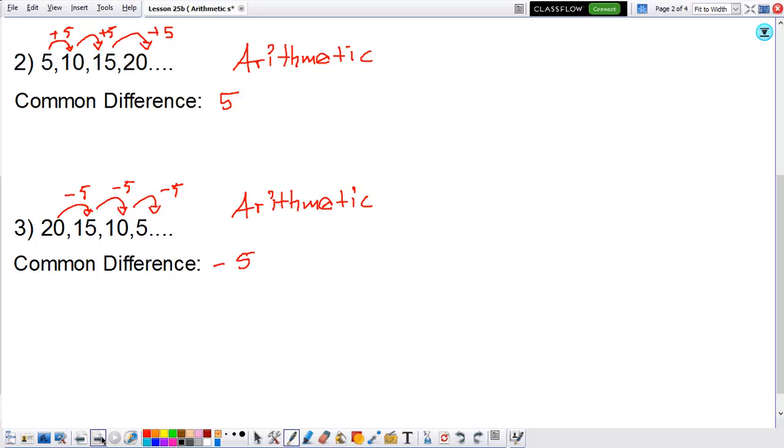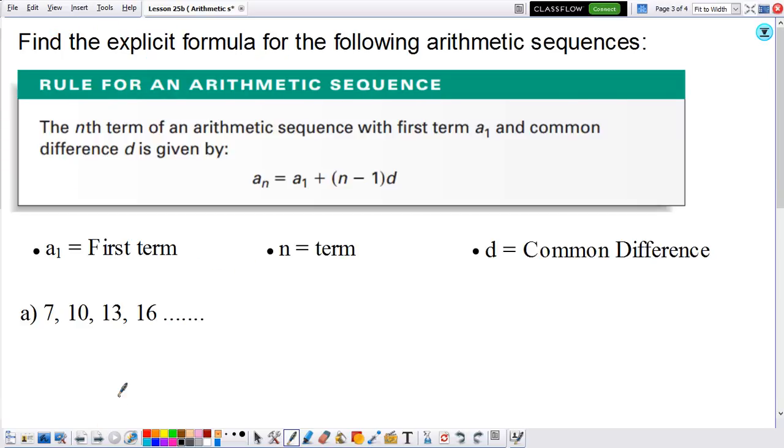So now, let's go more into detail and talk about the explicit formula for a second. Here, we talked about the explicit formula for geometric sequence on our previous video. But now, this is how the explicit formula looks like for arithmetic sequence.